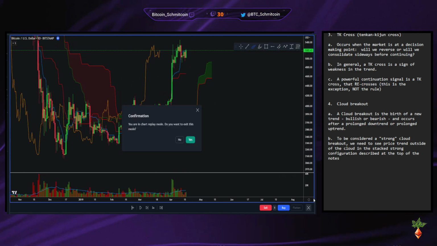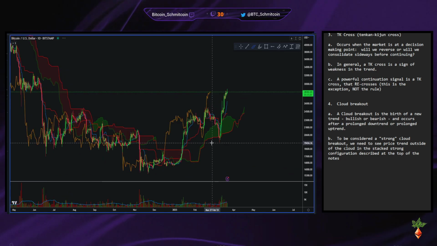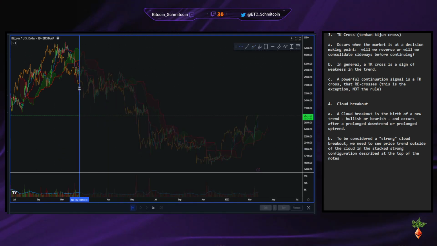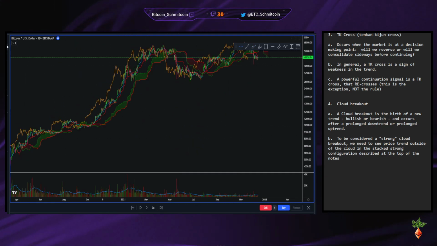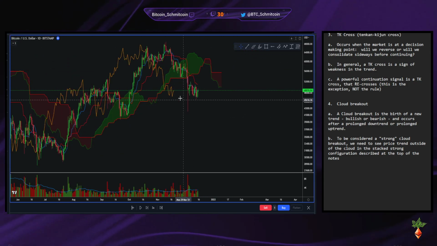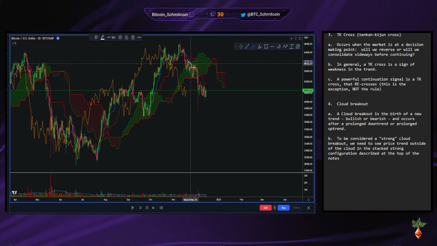Let's see if I can find some more examples. Here's a bearish example. We can see the market finally breaks down through it.